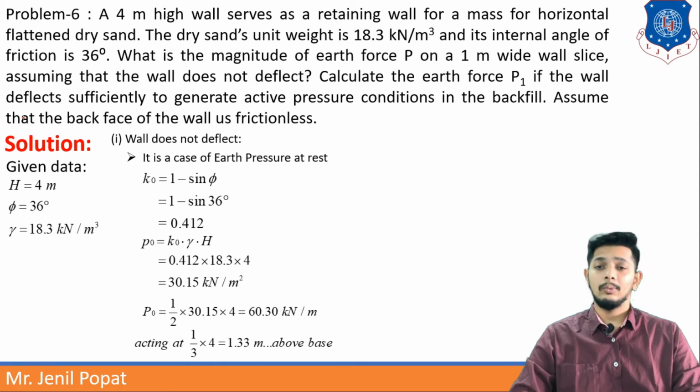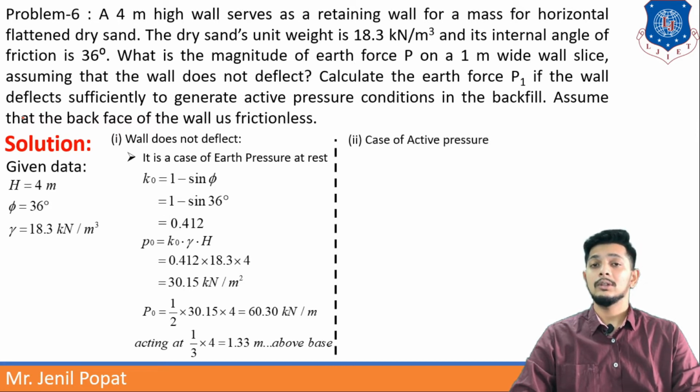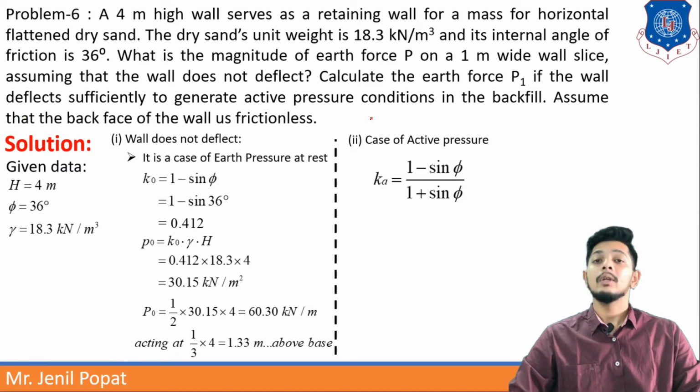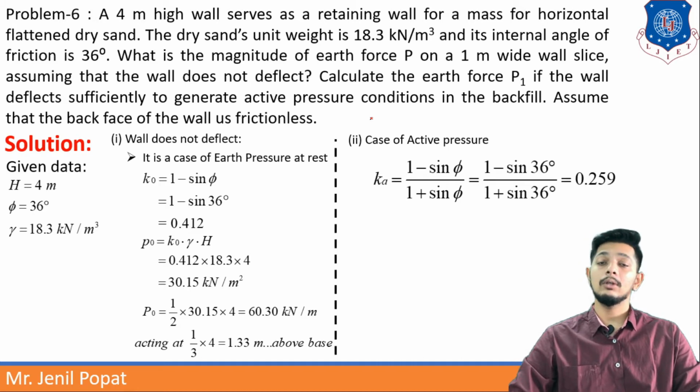Now in the second question, in the same problem, it is told to find out, for active earth force, the distribution of pressure and the active earth thrust. Case of active pressure. Here Ka will be (1 minus sin phi) upon (1 plus sin phi), where phi is given as 36 degrees. So the Ka value comes out as 0.259.